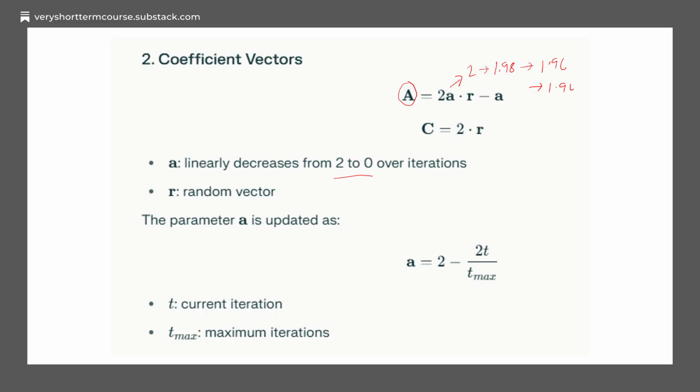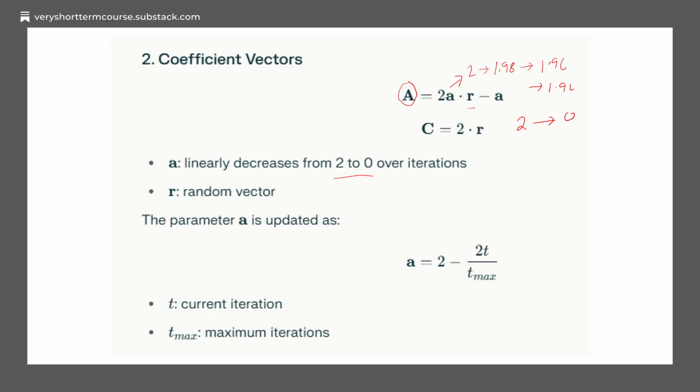So according to the number of iterations that you have considered, that this is the maximum number of iterations that I will iterate the problem, you decide how much amount you will reduce from 2 in the next iteration. But remember that it will always decrease from 2 to 0.